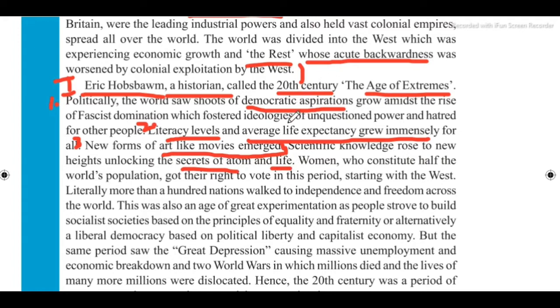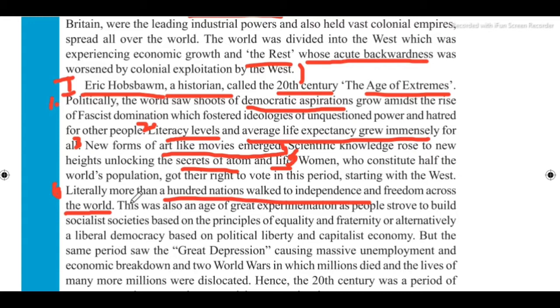During the mid of the 20th century, the world has seen one more extreme about women who constitute a half of the world population have got the right to vote. Exactly in the year 1918, Britain has given the right to vote for women. This will be your sixth point. Literally, more than 100 nations walked to independence and freedom across the world.